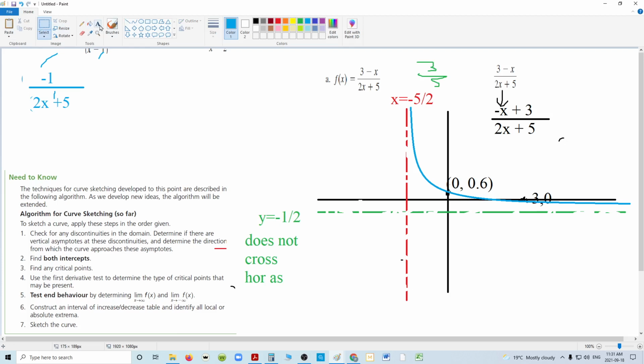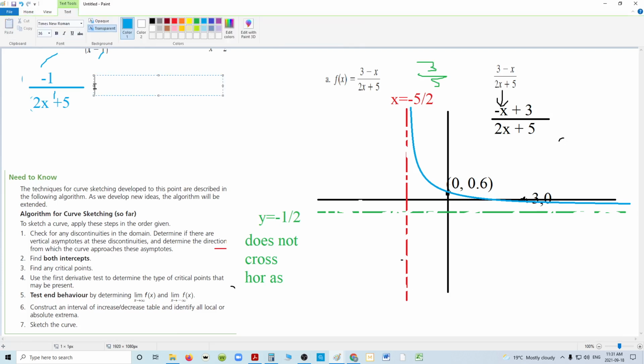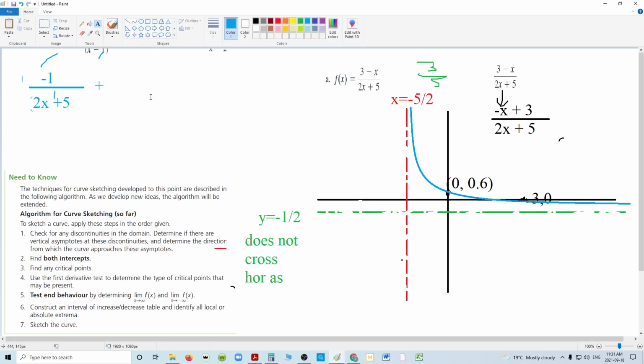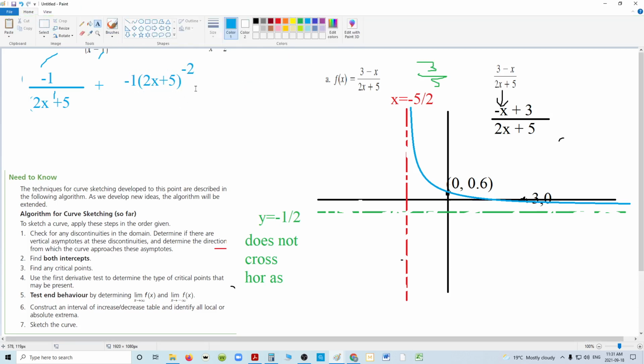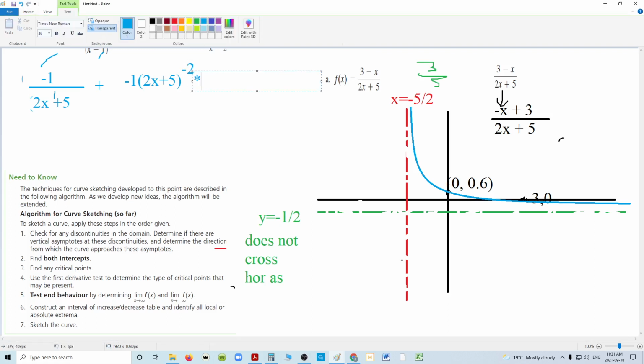If I take the derivative of 2x plus 5 to the negative 1, I first do the chain rule. So I get 2x plus 5 to the negative 2. Then I have to multiply, take the derivative of what's inside, so times, what's the derivative of 2x plus 5? It's 2. And then I have to times it, the original numerator, minus x plus 3. And that's the quotient rule.